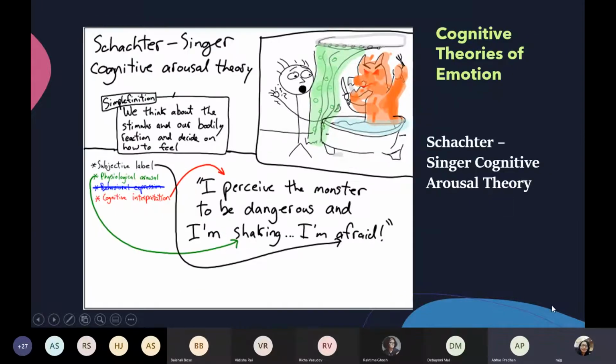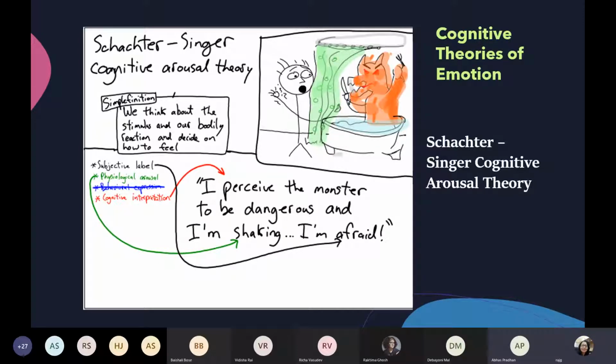Schachter-Singer, these people were more cognitive people. So they were cognitive theorists. They gave priority to thinking. So they said that when an individual is having a bodily reaction, a physiological reaction, that's shaking, and there is a subjective label to it, I am afraid, and that I'm afraid comes after there's a cognitive interpretation.